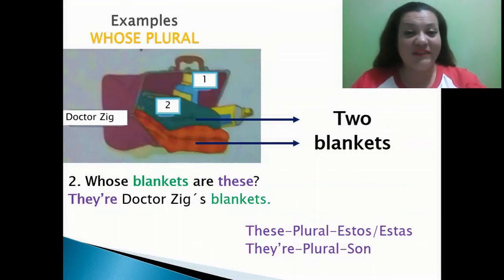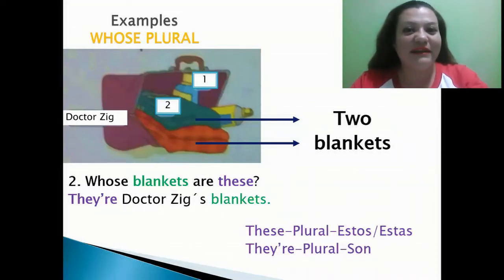I hope that you have seen the difference and memorized that when we are talking in singular, we are going to use the word this at the end of the question. And at the beginning of the answer, we are going to write its. Now, in the plural version, we are going to use these at the end of the question.